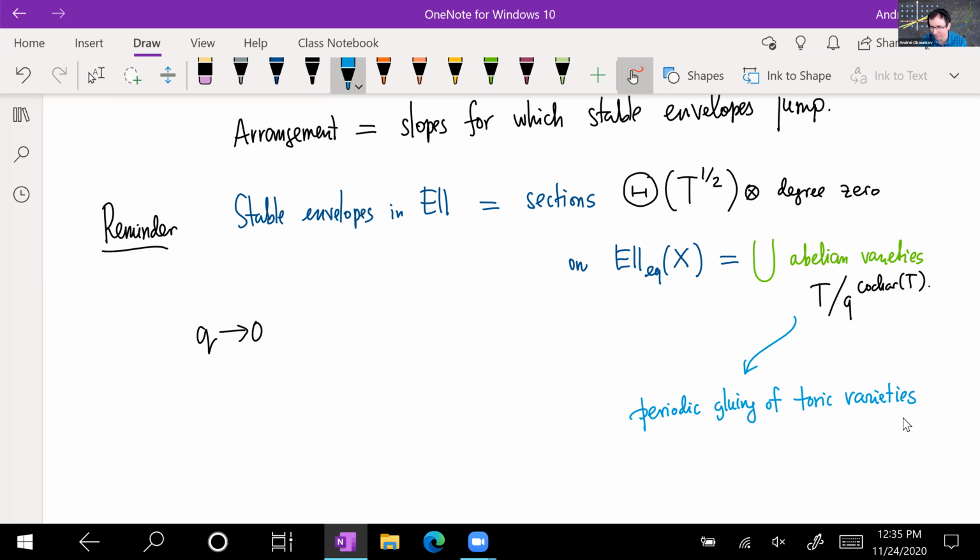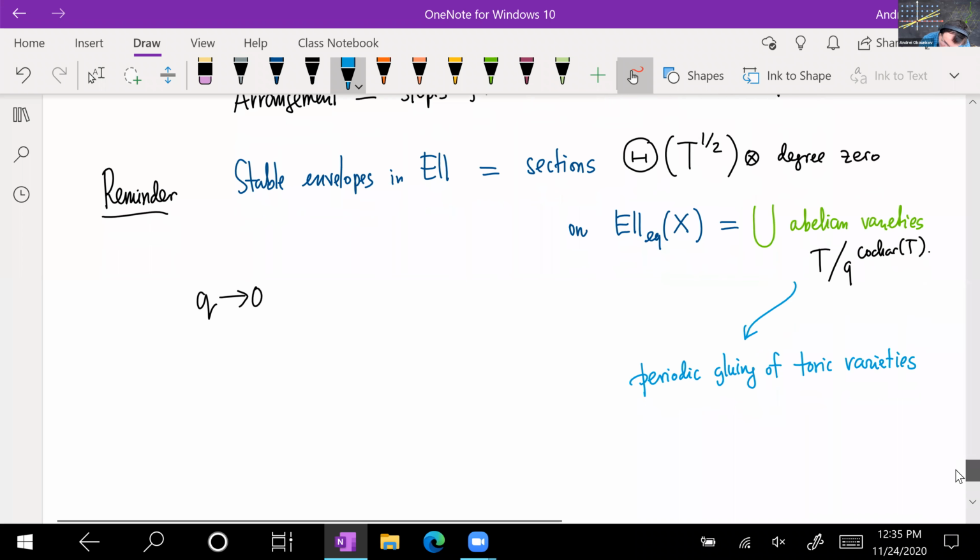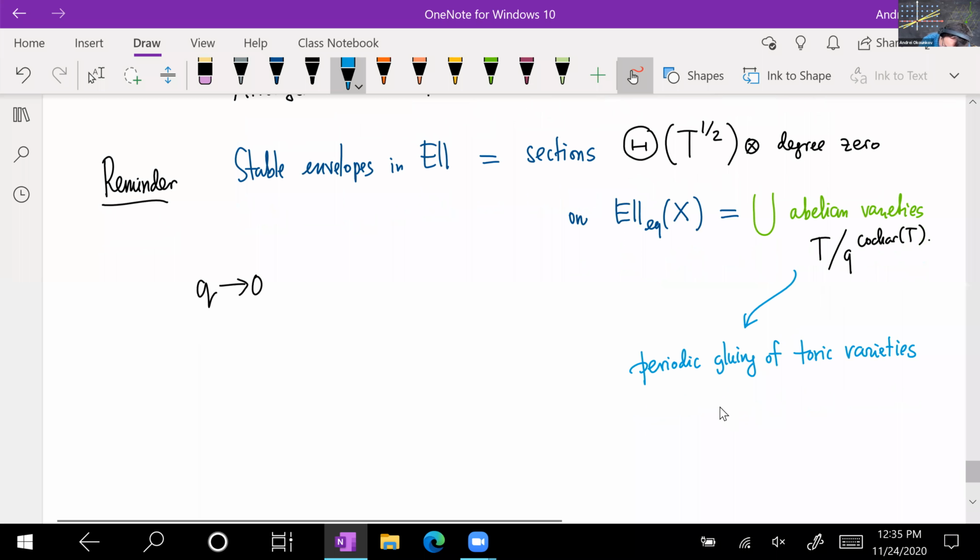So it's some kind of periodic thing, and they correspond to K-theory, to spectra. They assemble into the spectra of the covariant K-theory of all possible fixed points of all possible subtori. So whatever T is, this is the union.